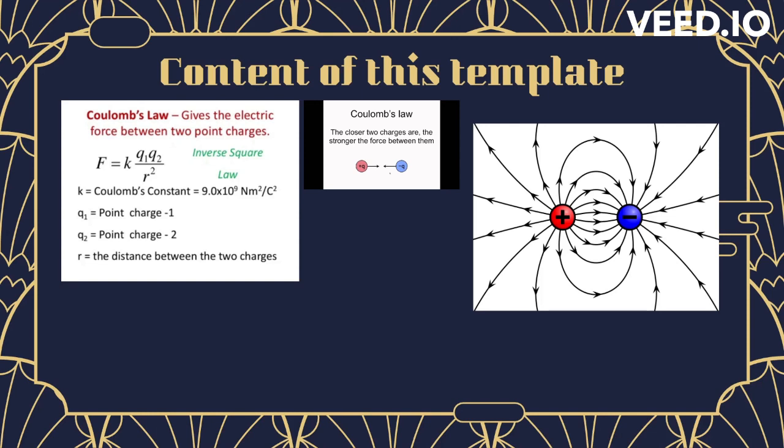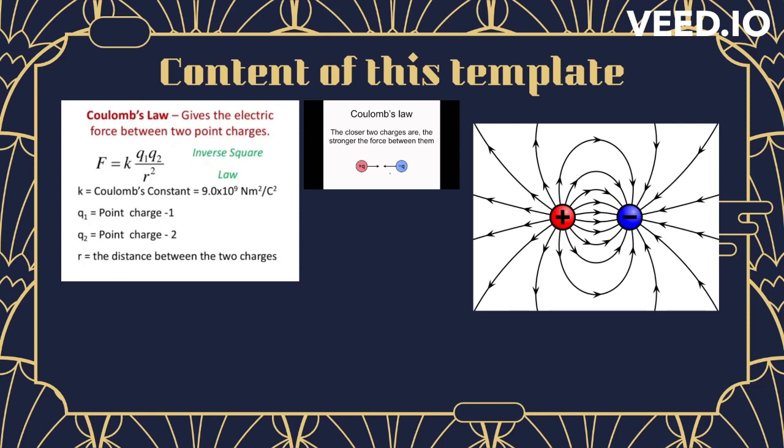But what Coulomb's law is essentially saying in very basic terms is that the closer two charges are, the stronger the force between them. It's a very fundamental law of physics, which describes again the electrostatic force of attraction or repulsion, depending on the charges, which we will get into the behavior of charges as well.